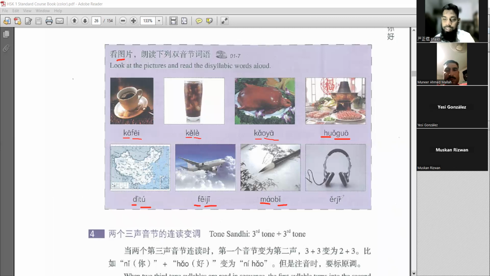And then we have RG. R is air in Chinese. I have already shown you the air in Chinese. And G is machine in Chinese.